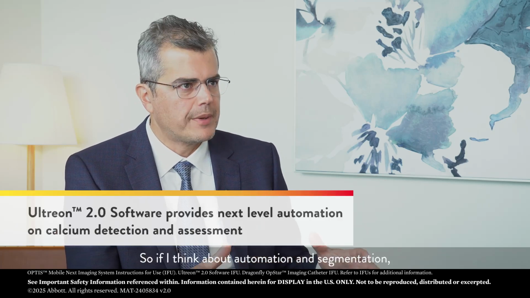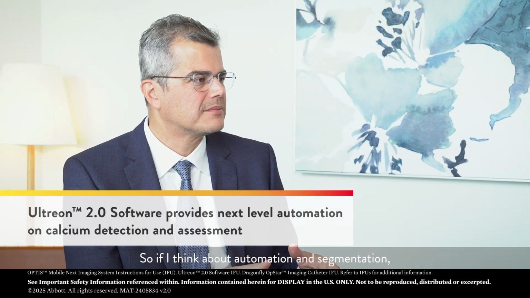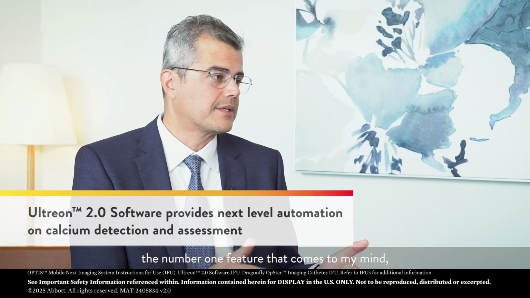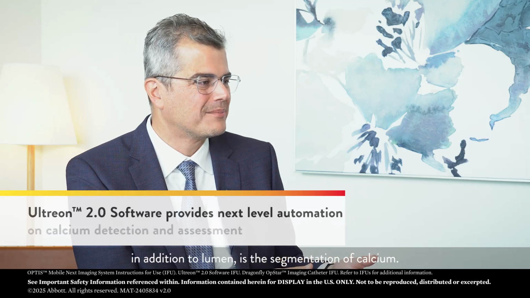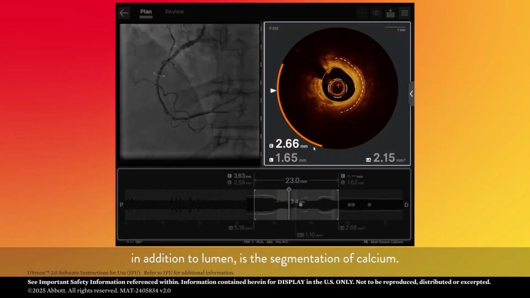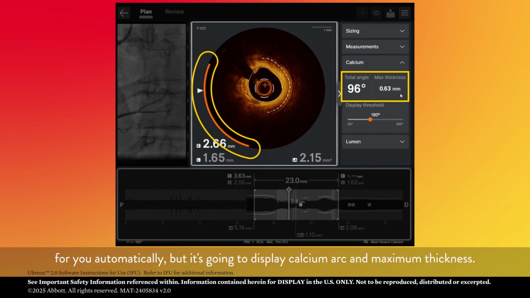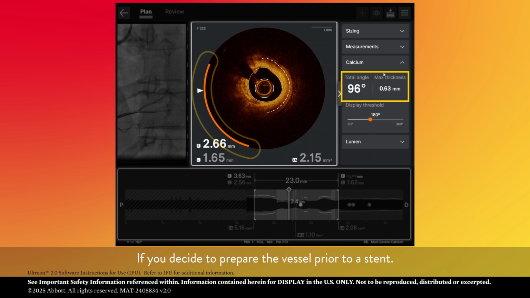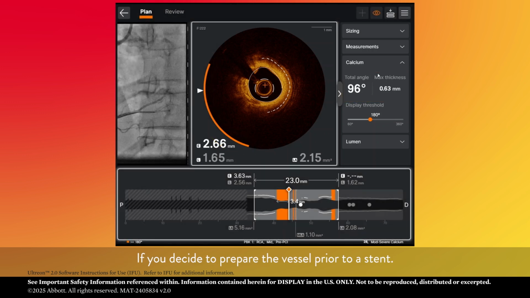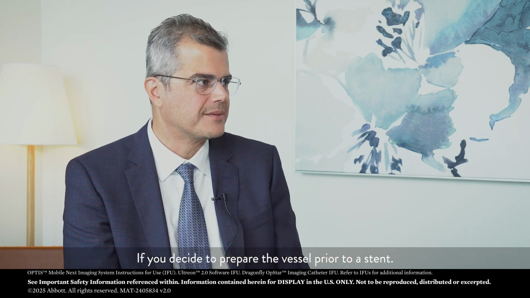If I think about automation and segmentation, the number one feature that comes to my mind, in addition to lumen, is the segmentation of calcium. So the software is not only going to detect calcium for you automatically, but it's going to display calcium arc and maximal thickness. And as we discussed before, calcium thickness is an important parameter if you decide to prepare the vessel prior to a stent.